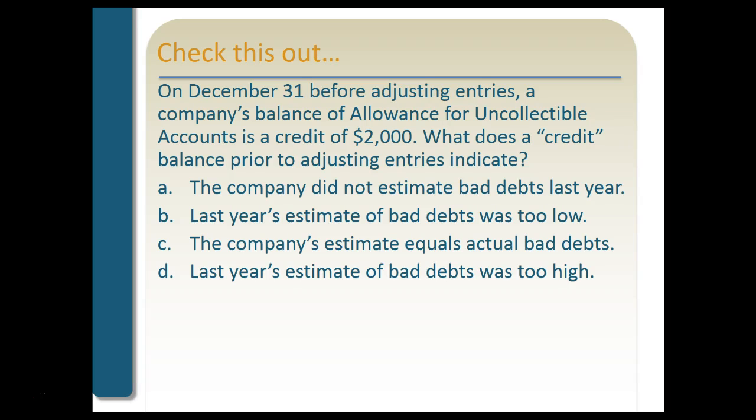A, the company did not estimate bad debts last year. B, last year's estimate of bad debts was low. C, the company's estimate equals actual bad debts. D, last year's estimate of bad debts was too high.